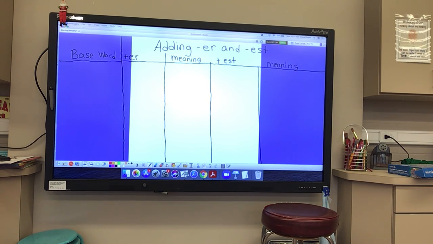Now, does everybody have their 5 columns? What's wrong? What is the last one? Meaning. We should have base word, plus ER, meaning, plus EST, plus meaning. And then the last column is meaning, not plus meaning, but meaning. Okay?